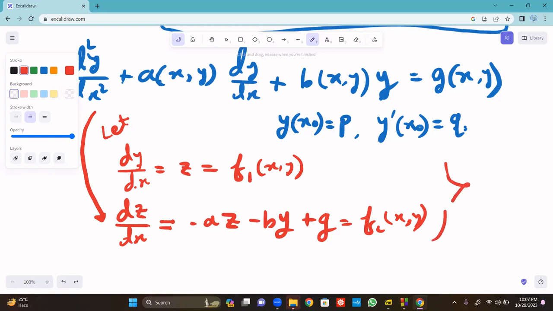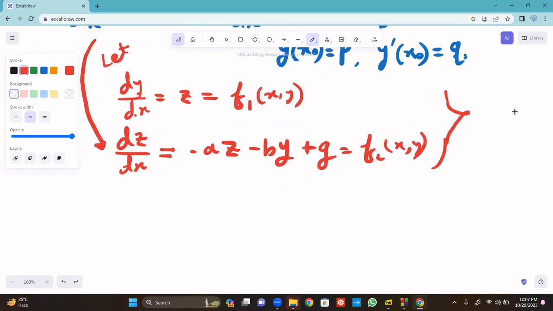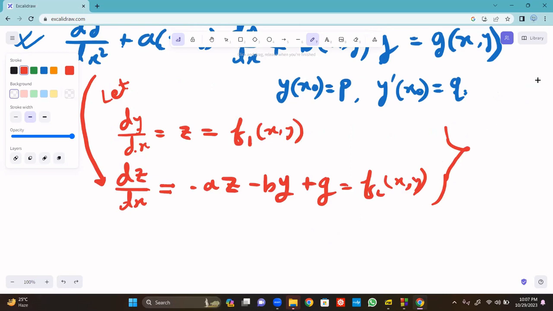Now, at least this is a success for us because we moved on to first order differential equations, which is a must for Euler method, because Euler method works for first order only. And what about the initial conditions? Clearly, y at x naught equals p is already given. Additionally, we have y prime, which is just z.